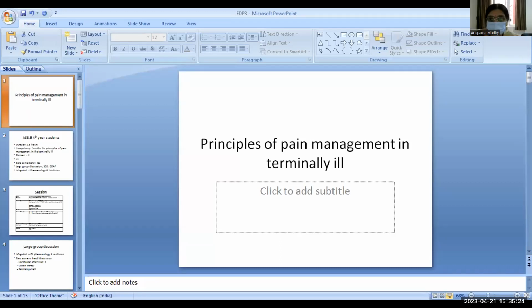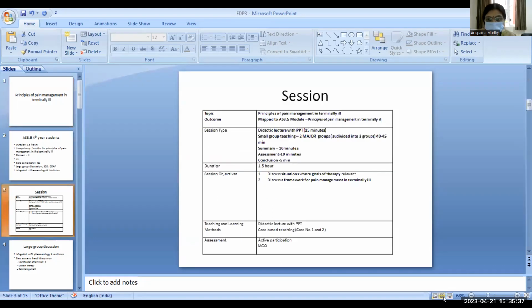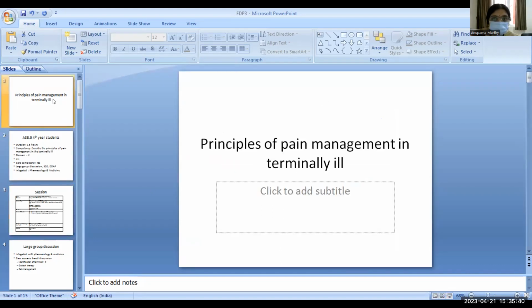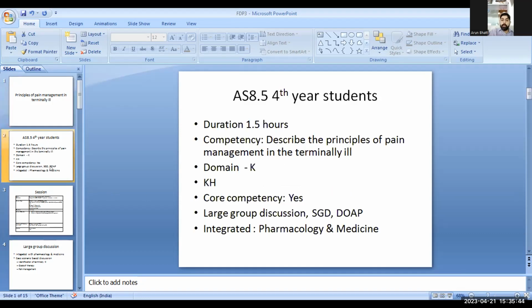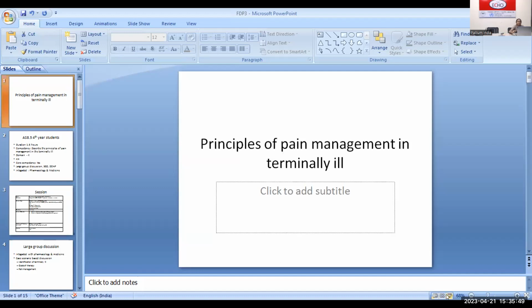This is the session details. Yeah, it's not moving, Dr. Anupama. We are not yet seeing the slideshow mode. Now also the first slide is there, madam. Now this is second. Shall I go on to the slideshow now again? Now it is seen, but only the first slide, madam.